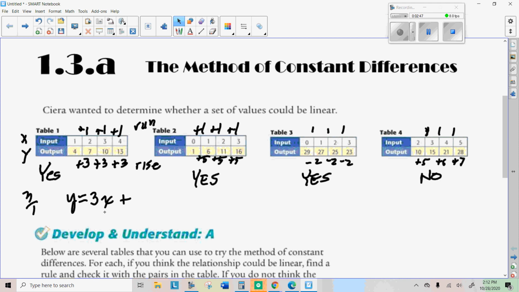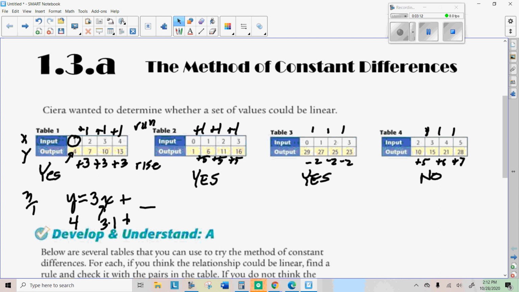Now, there's a couple ways you could figure out this extra part here. I just like to take one of the values, one of the inputs, like let's take this 1. Multiply that by 3. 3 times 1 is 3. And then I figure, what do I have to add to that to make it equal the output 4?